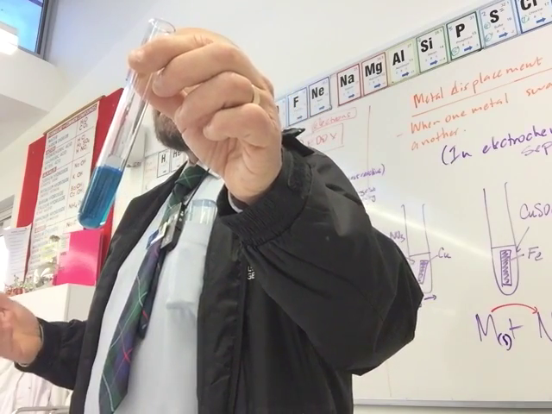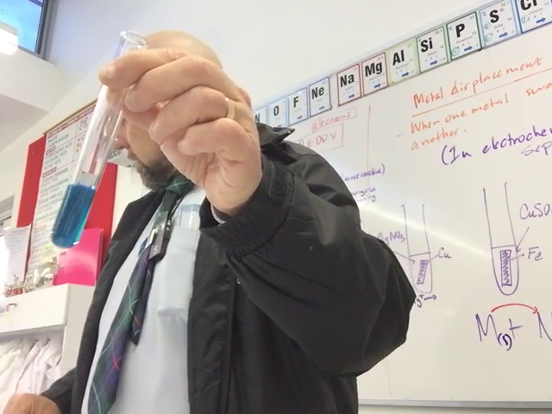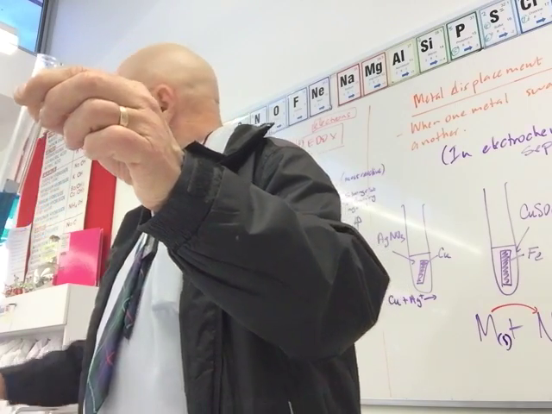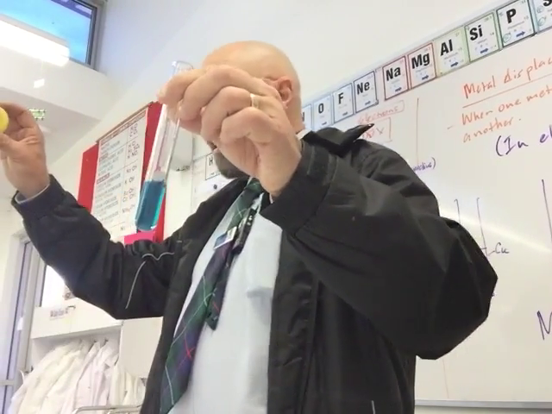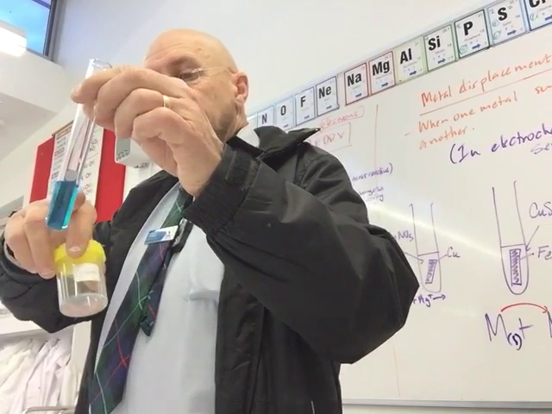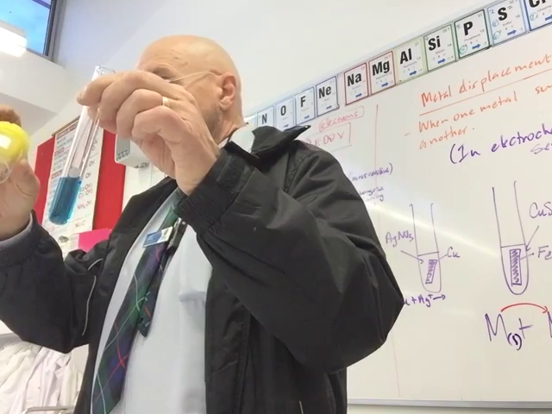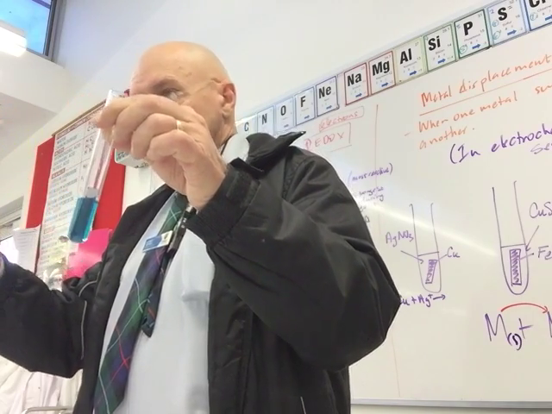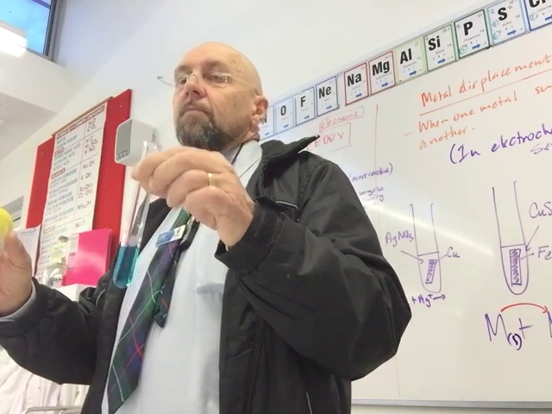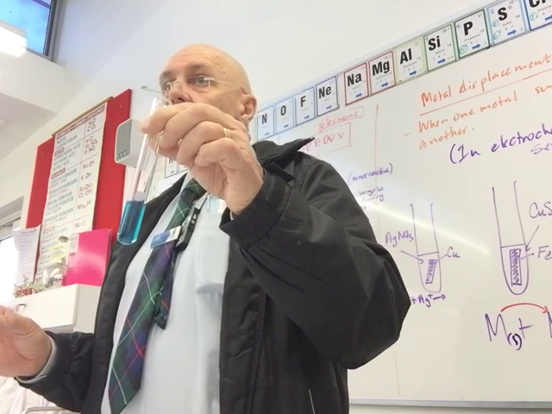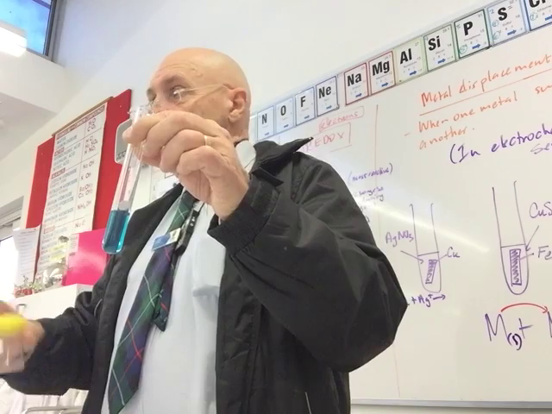And what colour is the browny goldy colour? This is copper. This bit of iron now looks like copper. It's like it's magic almost. So I'm turning the iron into copper because the iron is displacing copper.